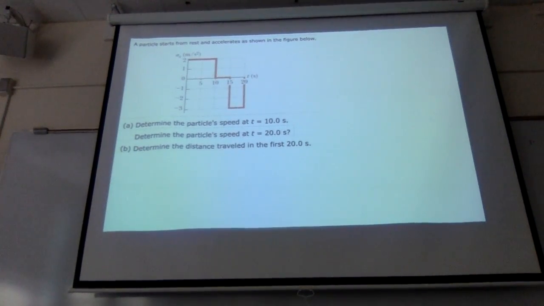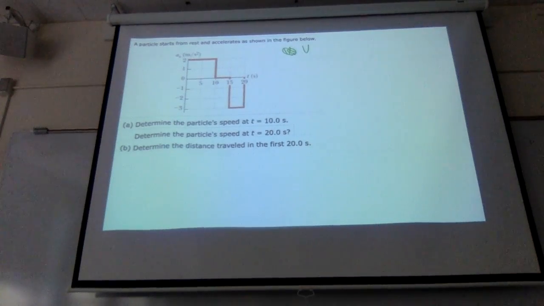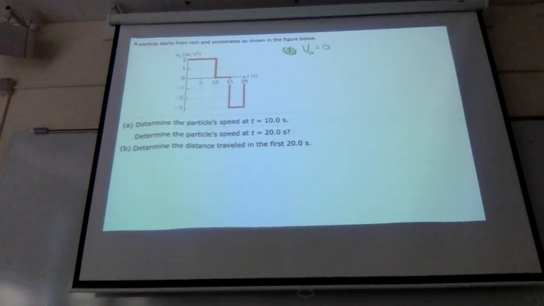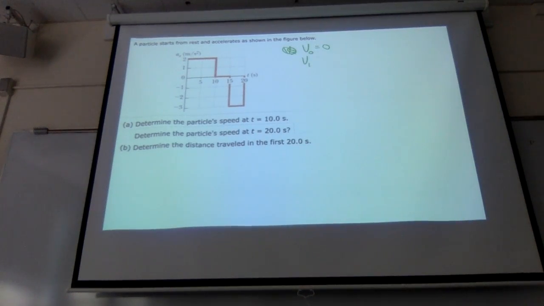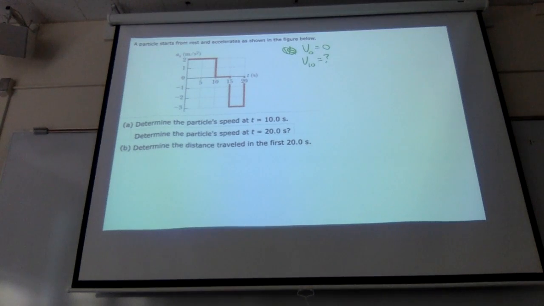So I know that the velocity at the beginning, or let's write this as velocity at 0 seconds, is 0. We're trying to find the velocity at 10 seconds. Well, I know the acceleration, and I know the time. That means I could say V10 is equal to V0 plus acceleration times time.